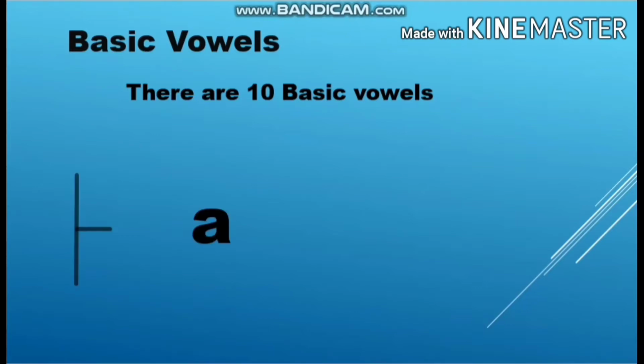Let's take a look at the first vowel, which sounds like A. For Korean, the writing method is really important. To write A, first you need to draw a line from top to bottom, then left to right.